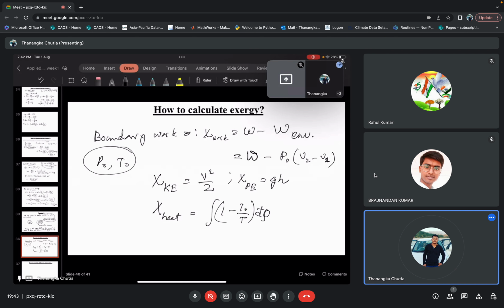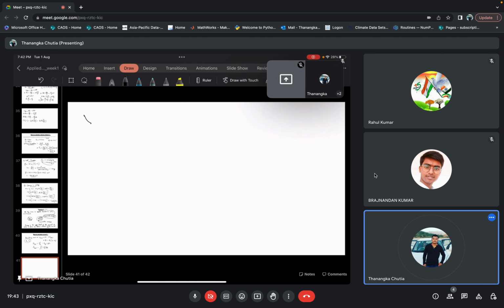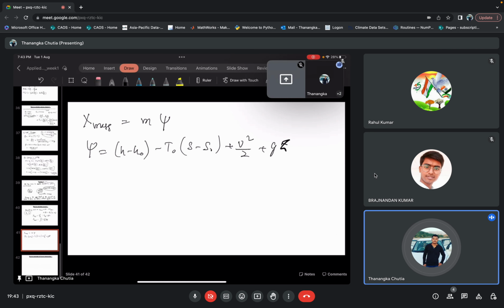Okay, fine. Now the exergy due to mass is basically m into some psi, and this psi is nothing but h minus h0 minus T0 times s minus s0 plus V square by 2 plus g z. These derivations are there in books.